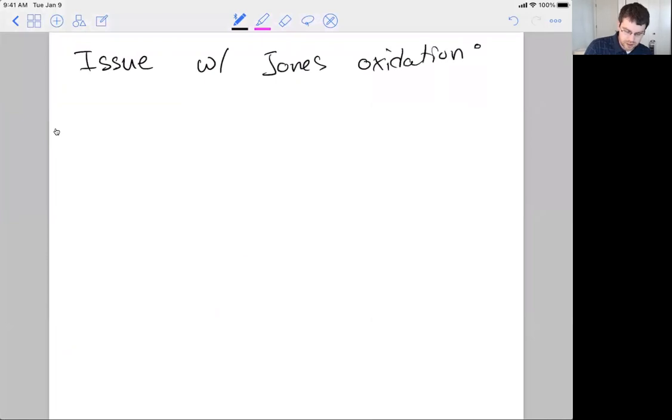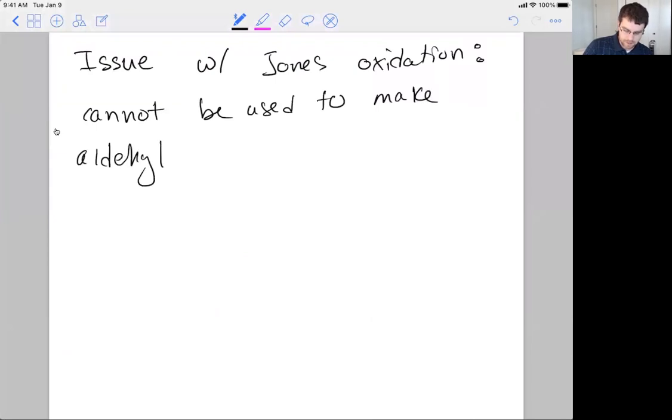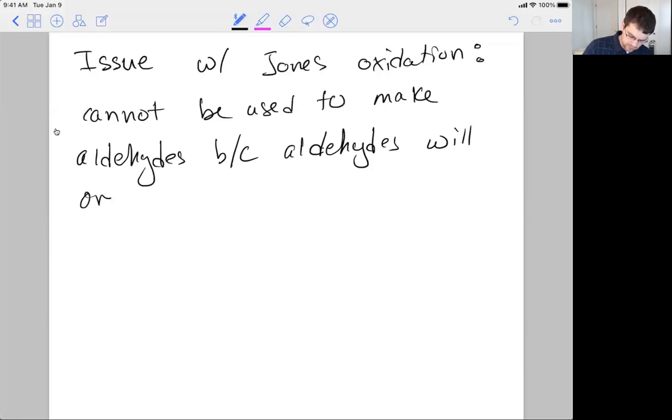The Jones oxidation cannot be used to make aldehydes, because aldehydes will over-oxidize. Okay, so what do I mean by that?